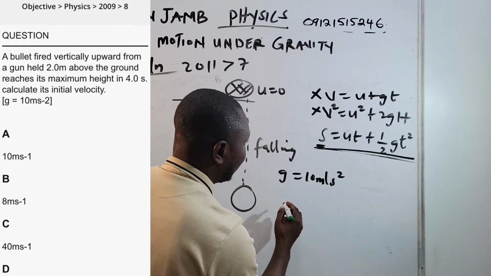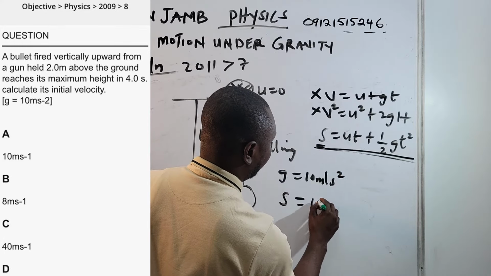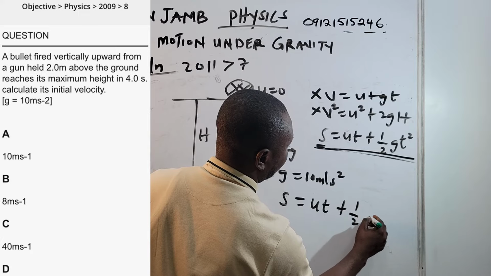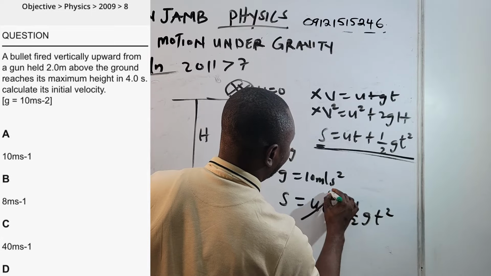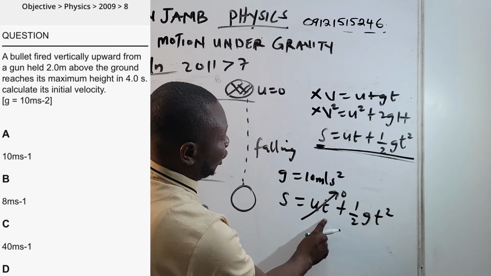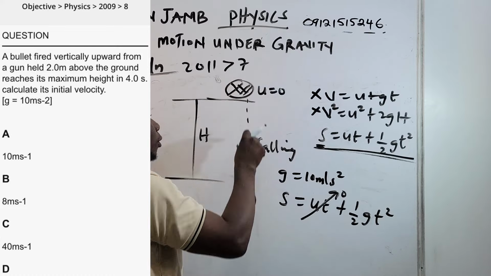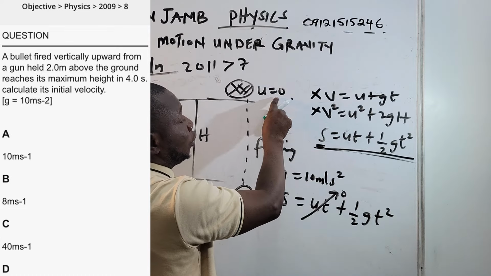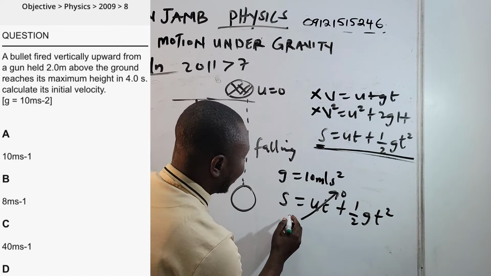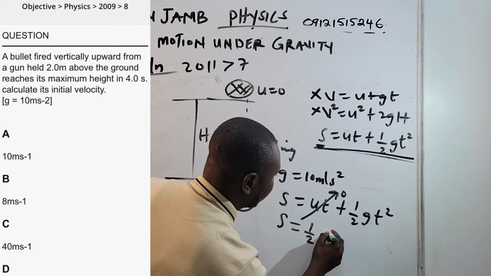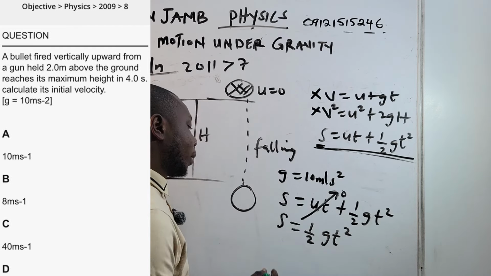So S equals UT plus 1 over 2 GT squared, and we can strike this off. UT is 0. Why is it 0? Because before the object falls down, it was initially at rest. U is 0. So what is left? S equals 1 over 2 GT squared.